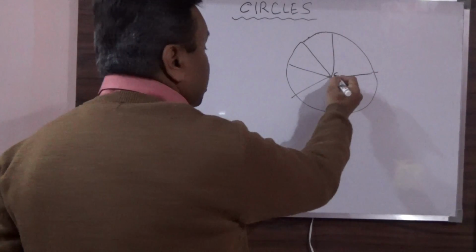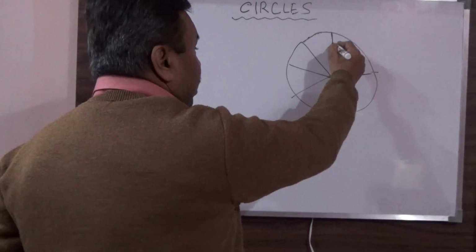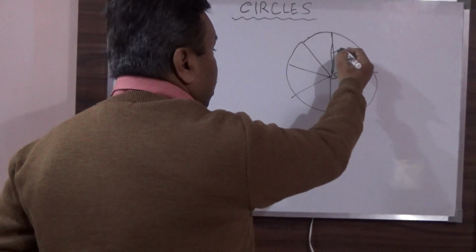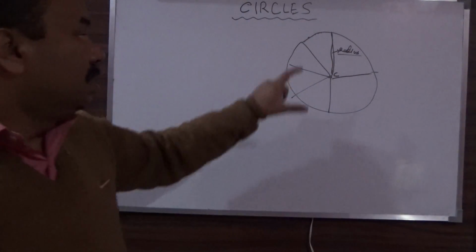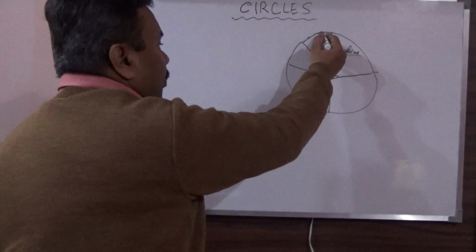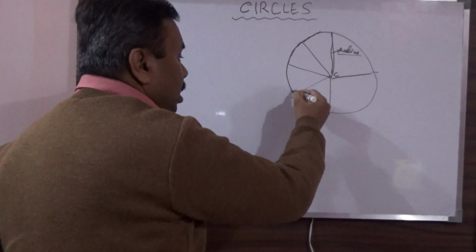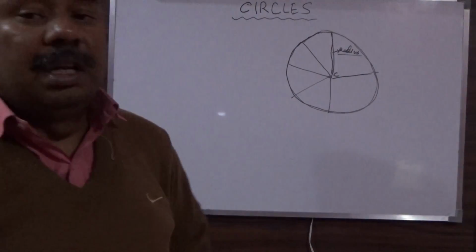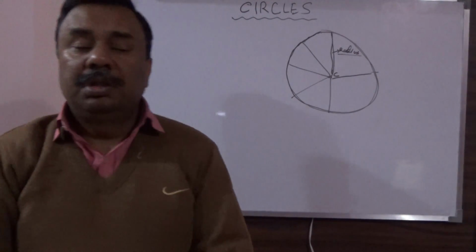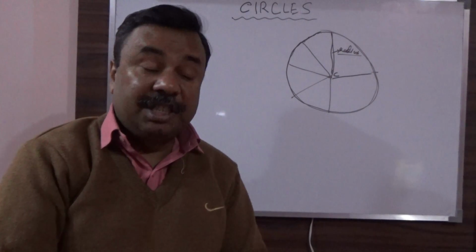This point is called the center, and that equal distance is called the radius. The collection of all these points is called the circle. My job is to find out the equation of this circle.